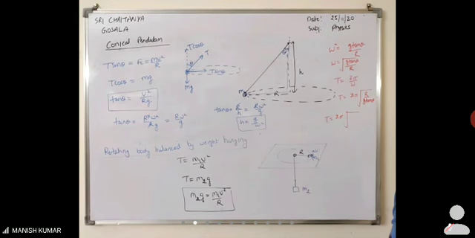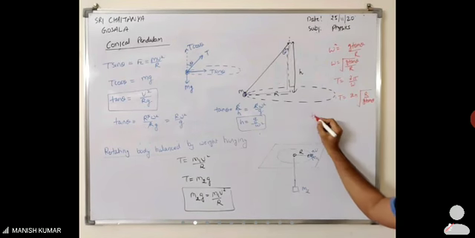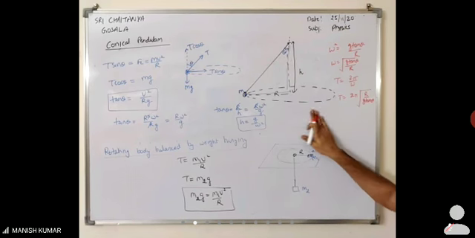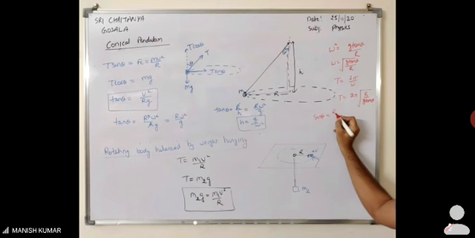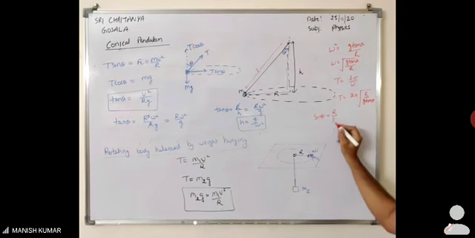We can write r in terms of the string length. Sin theta is nothing but r upon the string length, that is L. So r is nothing but L sin theta.